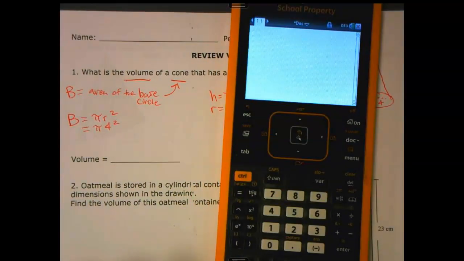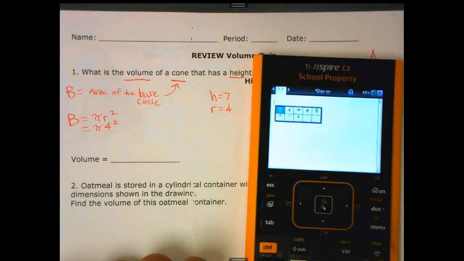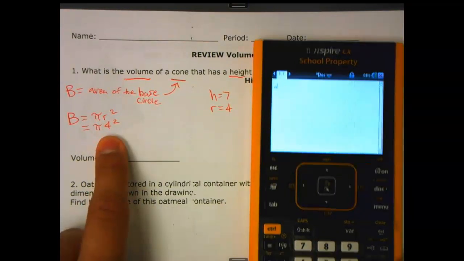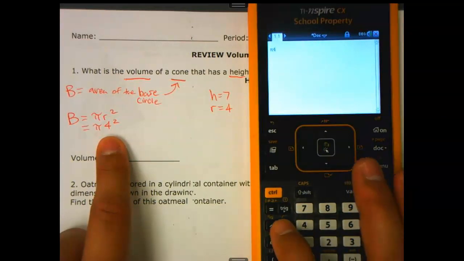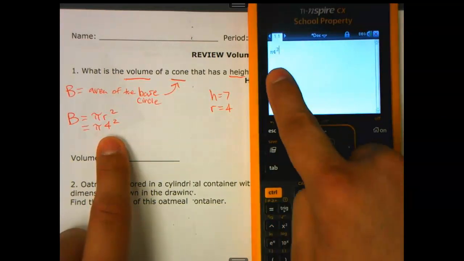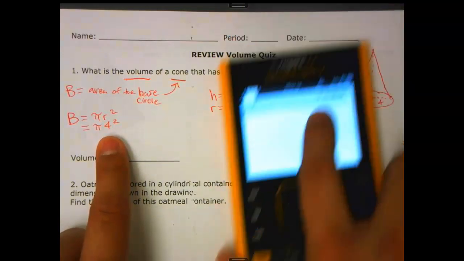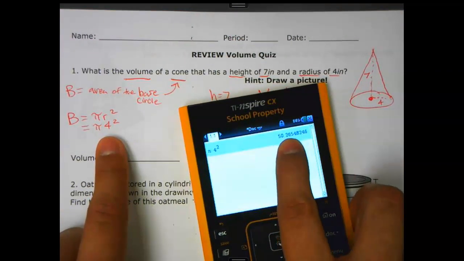Remember, the pi button is down here next to the letter H. Click pi, and then we're going to do 4 squared. The 4 is right here, and the x squared button is right next to it. When you type pi 4 squared, you hit enter. We get 50.265. We're going to round that to 50.27.